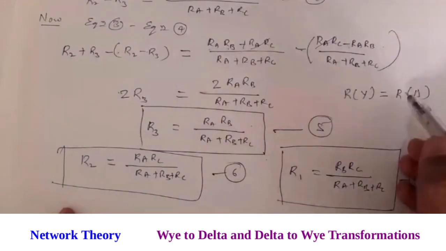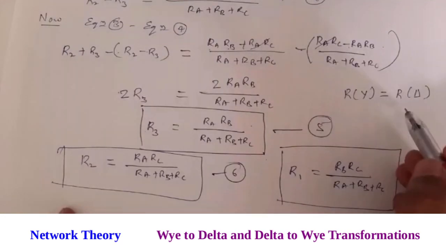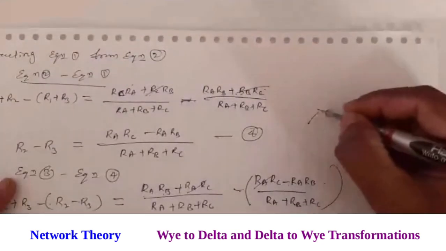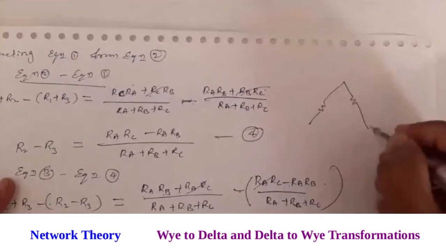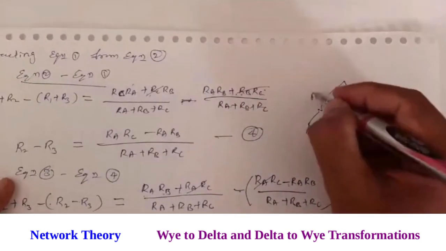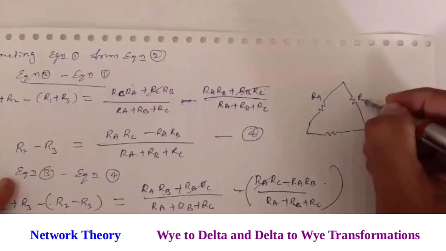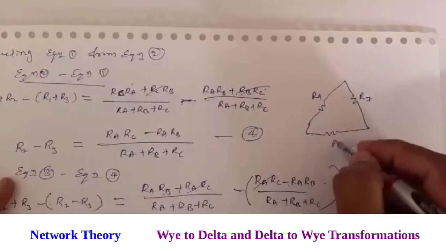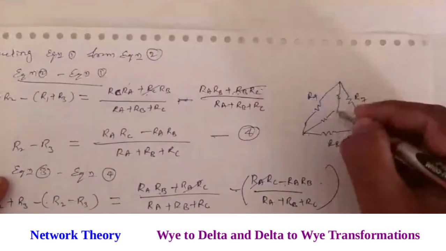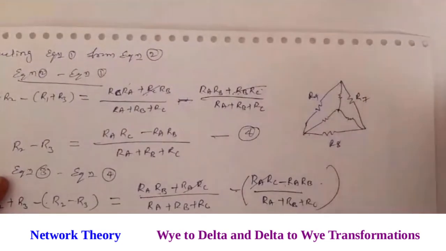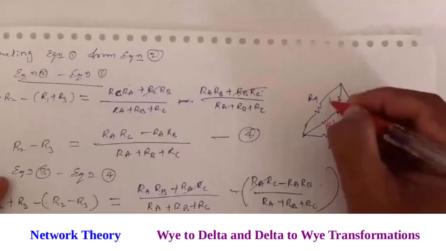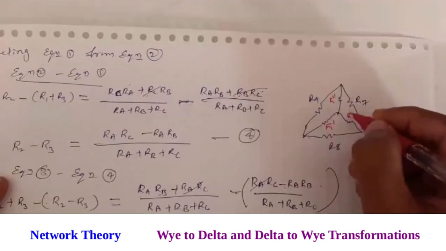When you know a delta network, once again I'll just draw it. For example, like this, I will consider some other resistors, like R4, this is R7, this is R8. I want to find the equivalent. Let me call these equivalent resistances R dash, R double dash, and R triple dash.